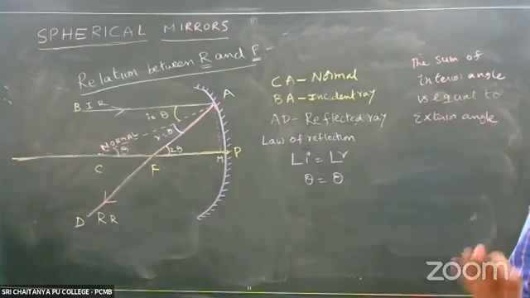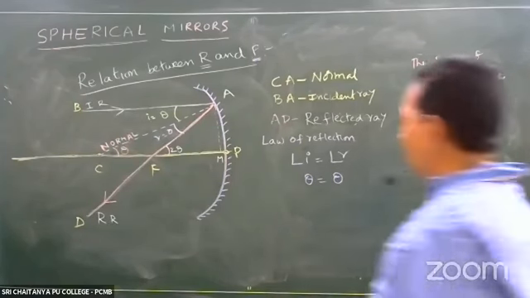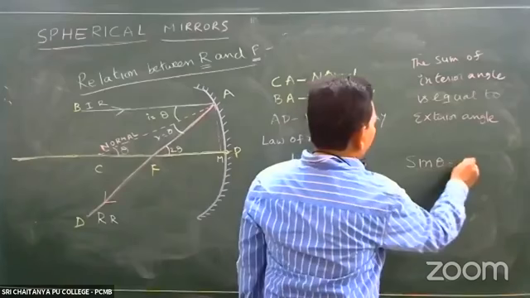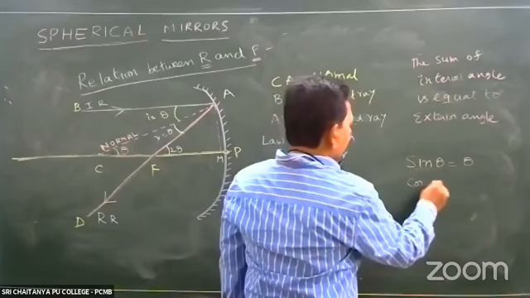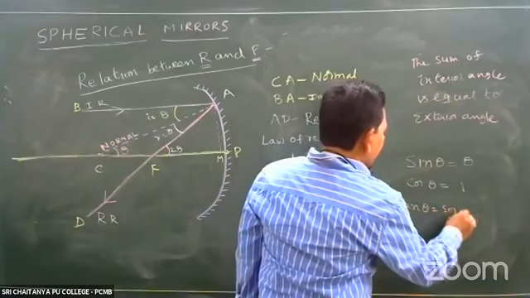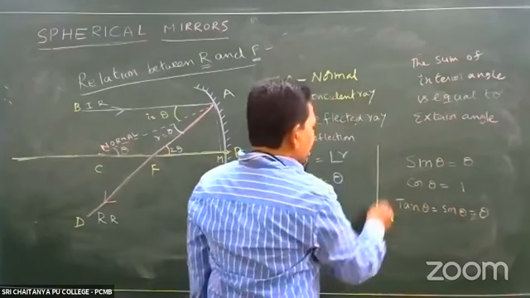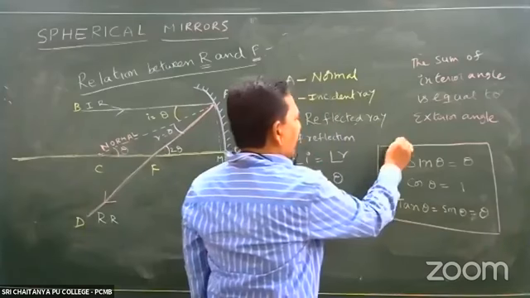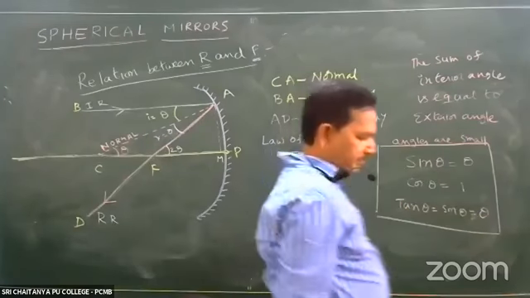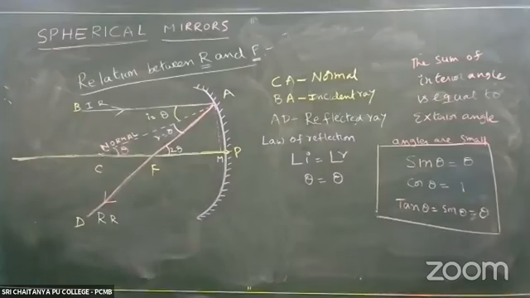When the angles are very, very small, sin theta can be taken as theta, cos theta is taken as 1, and tan theta is equal to sin theta, which is equal to theta.